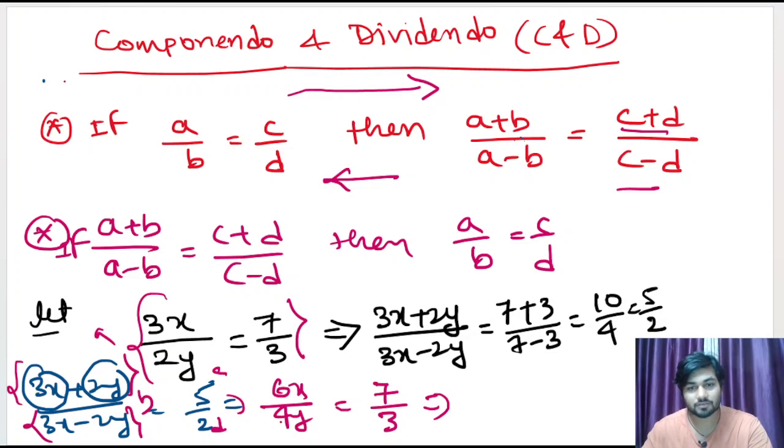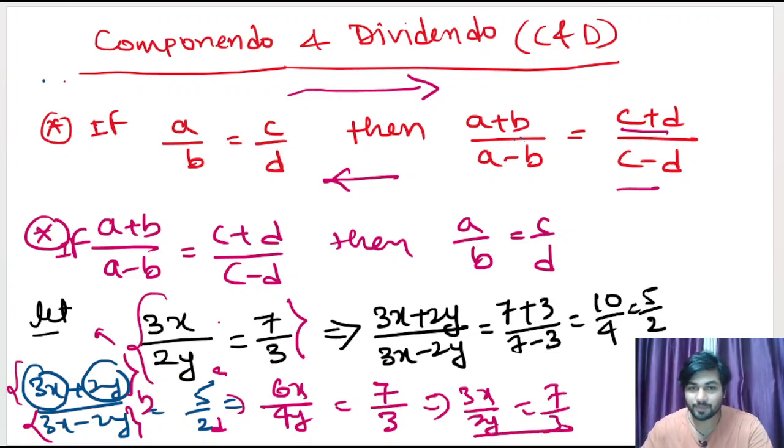Again, by cancelling out 6 and 4 by 2, I'll have 3x upon 2y is equal to 7 upon 3. The same place from where we started here.